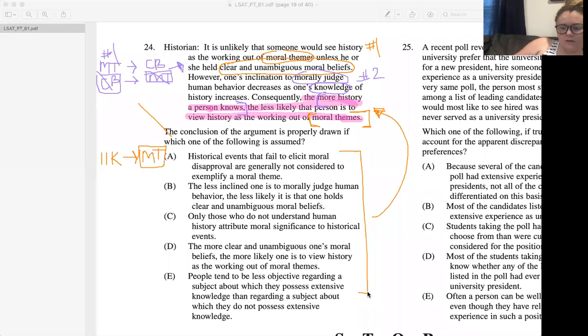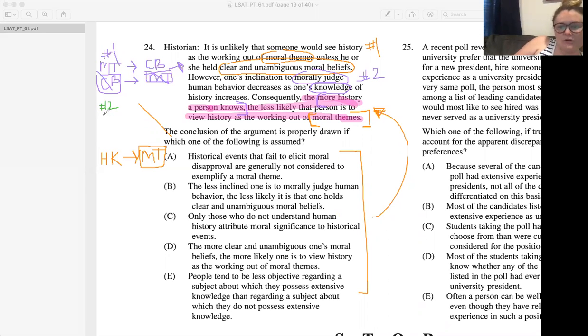Now, let's look at our stimulus number 2. I should have stayed with the same color so it wasn't so confusing. I apologize. So number 2, one's inclination to morally judge human behavior decreases as one's knowledge of history increases.